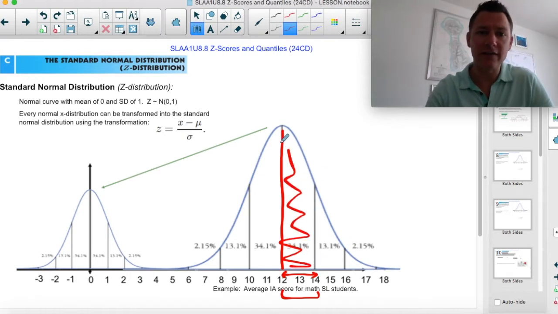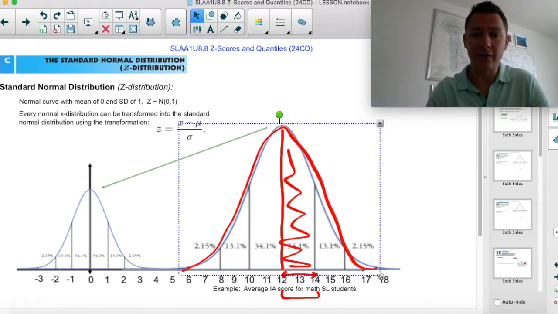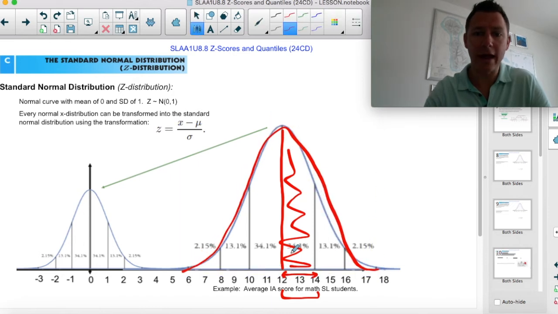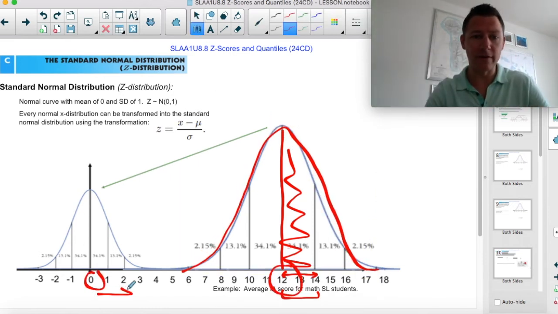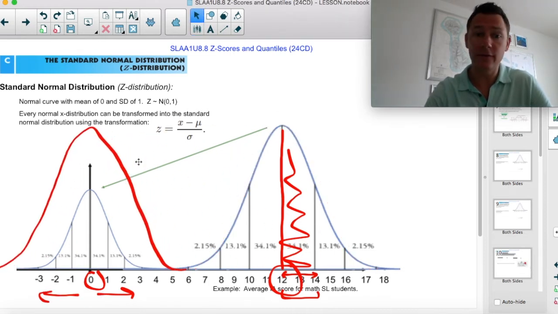If we take this and transform it into a standard normal, the mean is no longer at 12, it's at 0, because then you can see positive numbers are above the mean, negative numbers are below the mean. So if we take that and slide it over, that's cool.